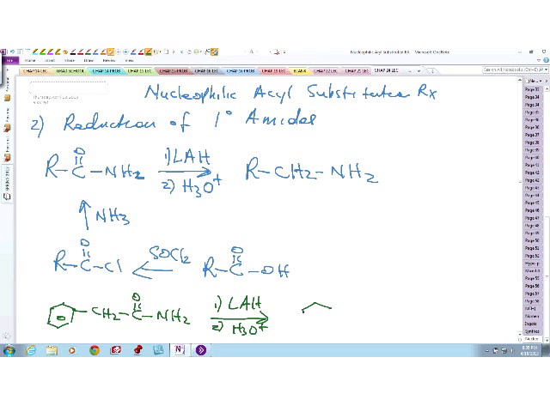You get your primary amine. Okay, so far we have given you two methods for making amines.